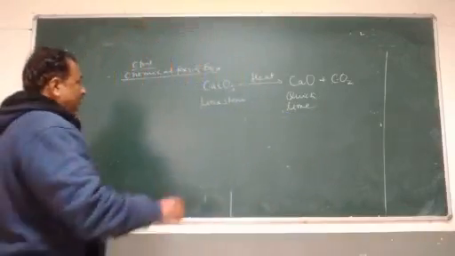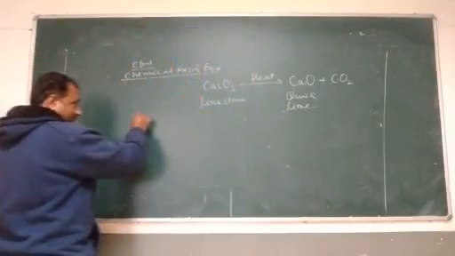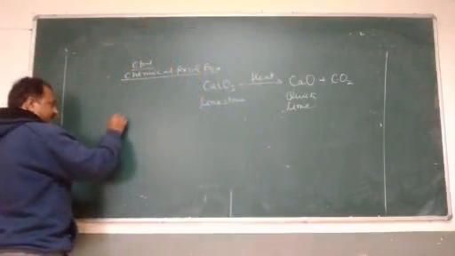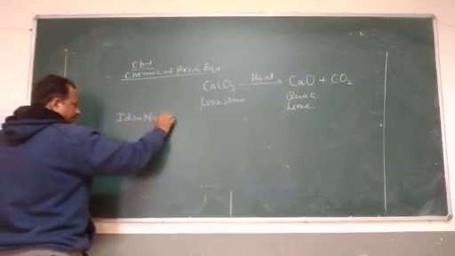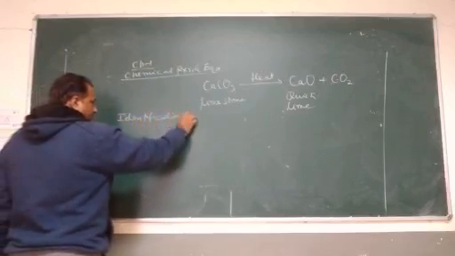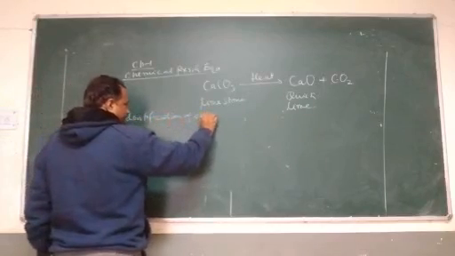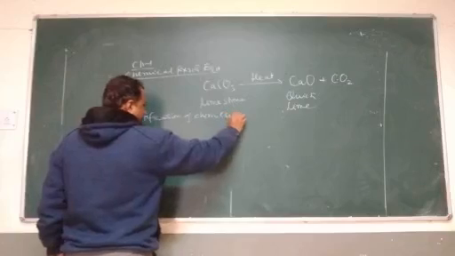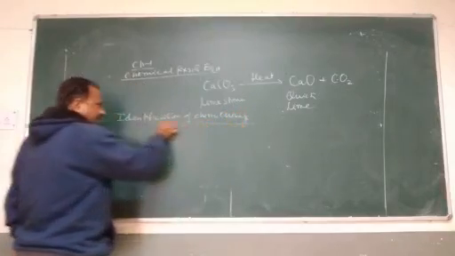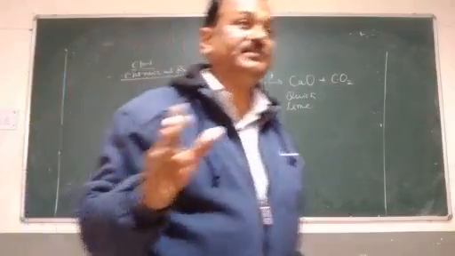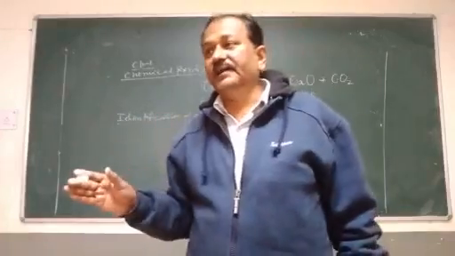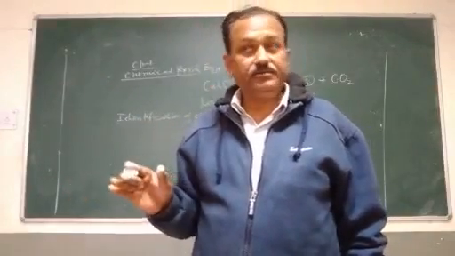Now, the other point is the identification of chemical change. Identification of chemical change means how we are able to understand that a chemical reaction has taken place.